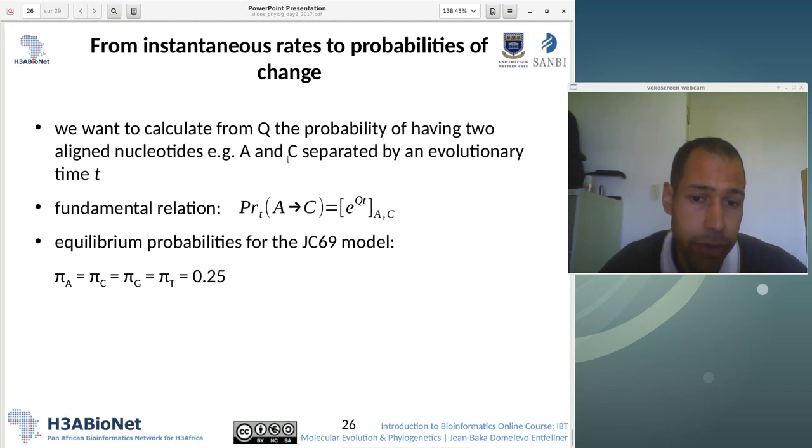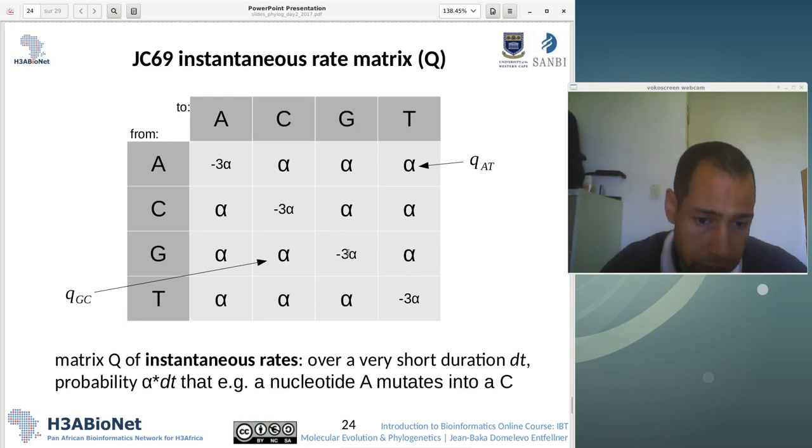There is a key mathematical tool that enables us to move from instantaneous rates to probabilities of change. These are instantaneous rates. The probability to have a mutation from A to C over time dt is alpha times dt, okay? But this dt must be an atomic amount of time, a very small amount of time.